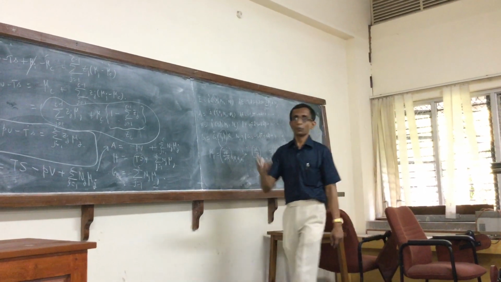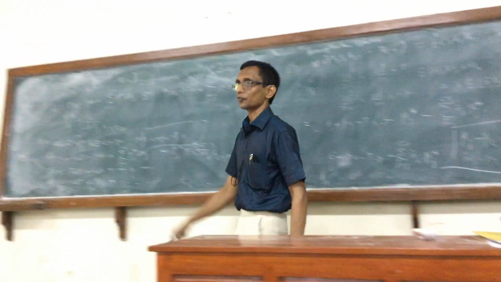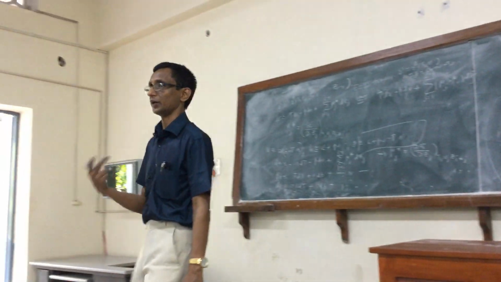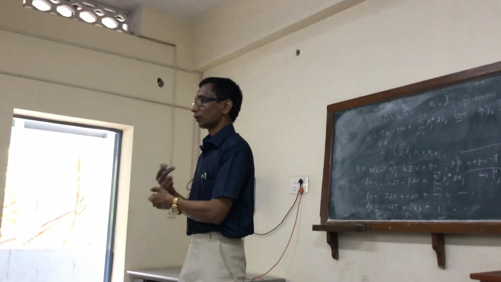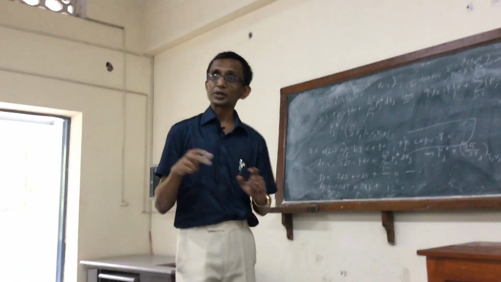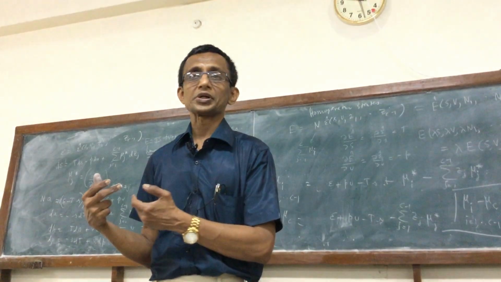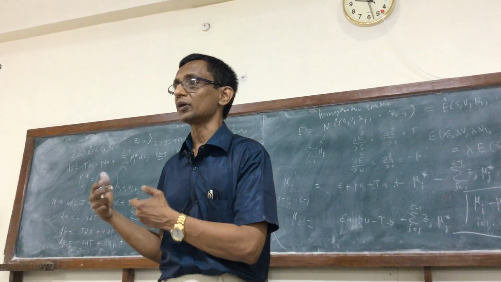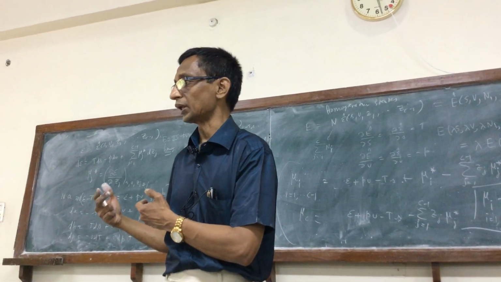The important point of these equations you should see, especially from the point of view of the criteria for equilibrium, which we derived for a pure component, is that temperature, pressure, and chemical potential are uniform throughout the system in equilibrium. Right? So the same conditions can be extended to mixtures, where it will turn out that temperature, pressure, and the chemical potential of each of the C components would have to be uniform throughout the system in equilibrium.